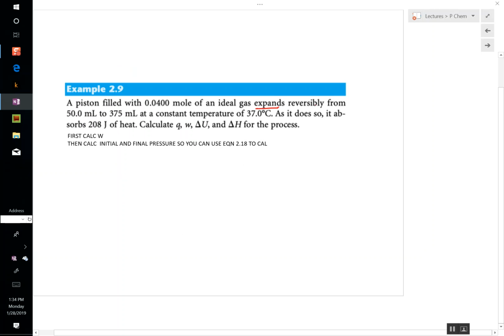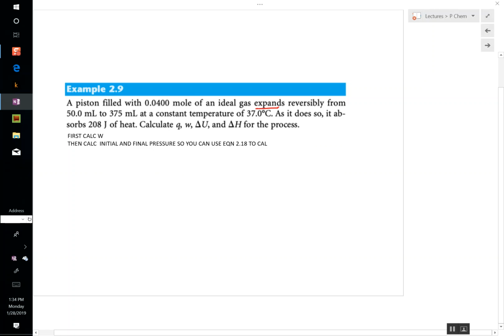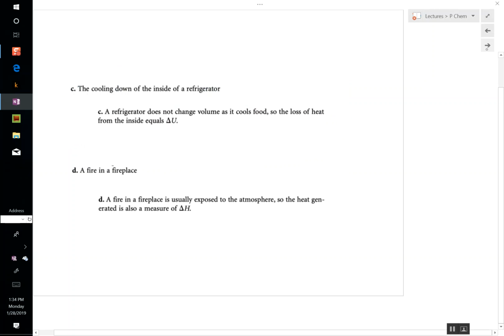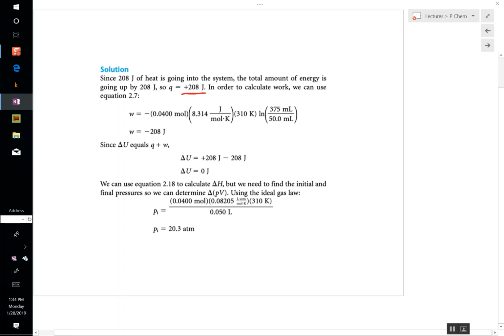The gas expands reversibly from 50 to 375 milliliters, it's absorbing 208 joules of heat. So this is why Q is positive. It's absorbing 208 joules of heat.